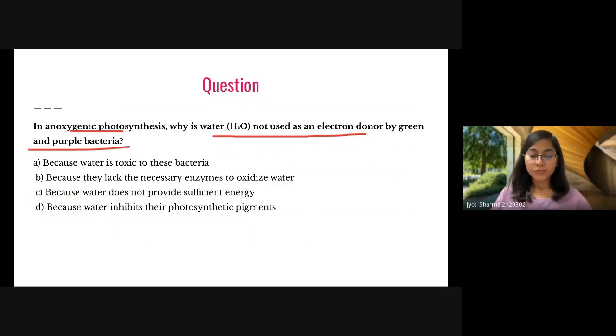So we have four options here. A, because water is toxic to these bacteria. B, because they lack the necessary enzyme to oxidize water. C, because water does not provide sufficient energy, and D, because water inhibits their photosynthetic pigments.